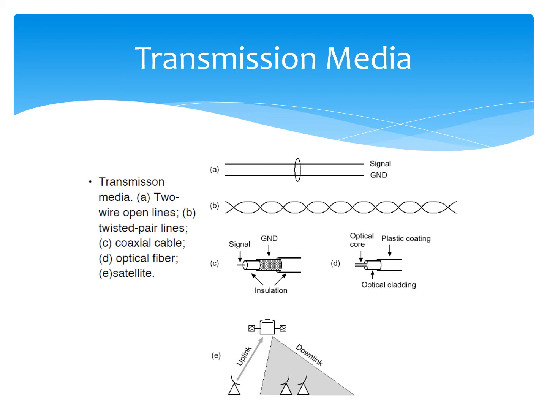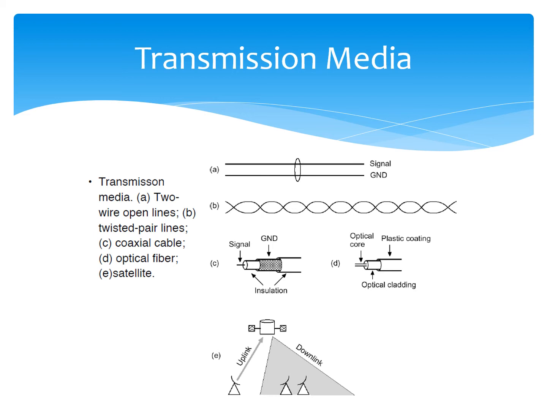Twisted pair lines, such as Category 5 network cable, are more reliable in signal transmission over 100 meters. Coaxial cables, such as your TV cable, can be used for higher speeds with longer distances.